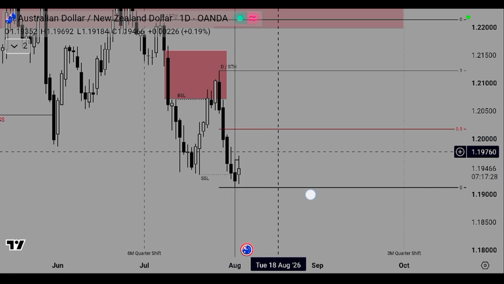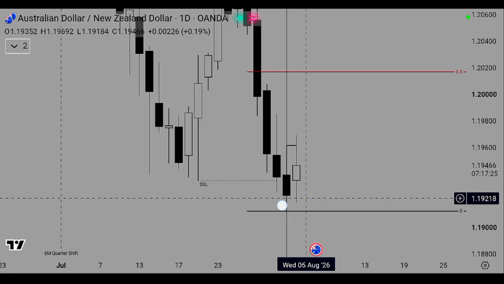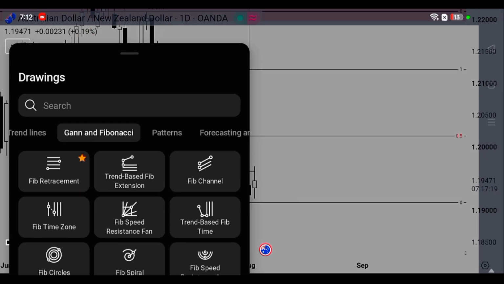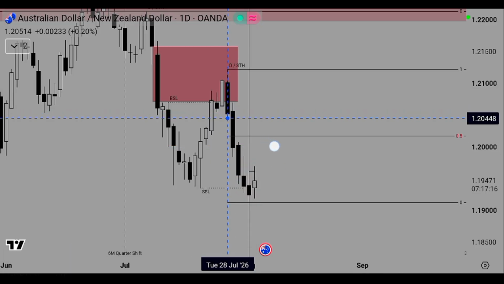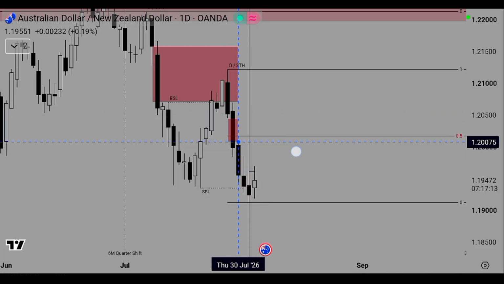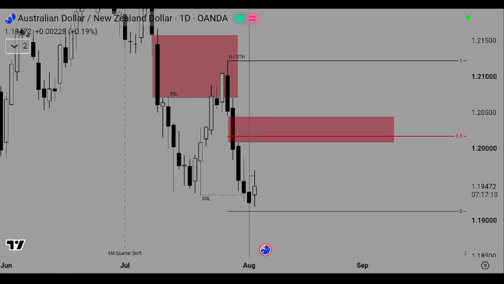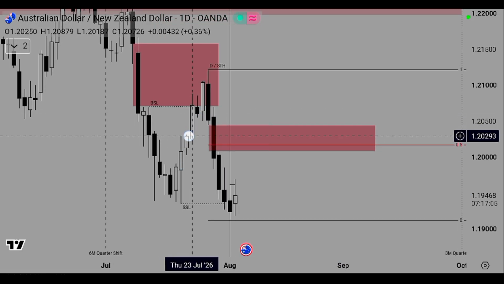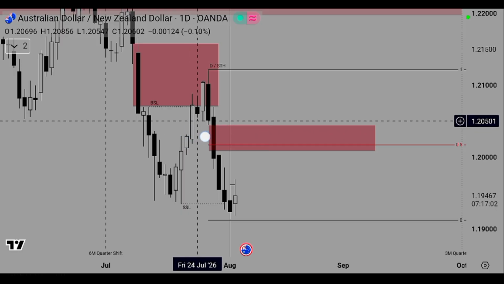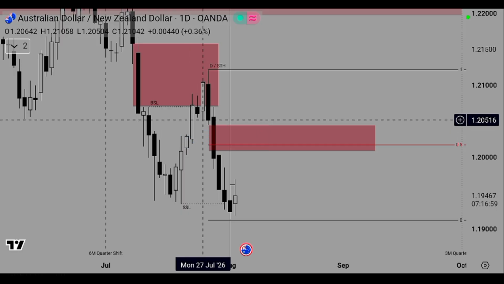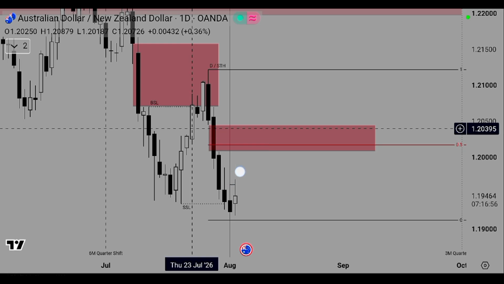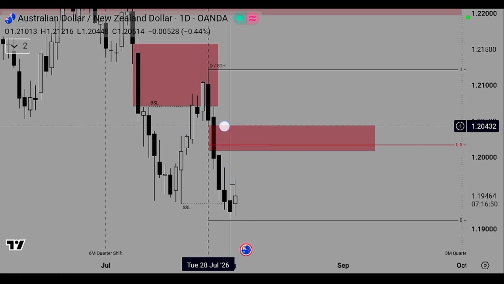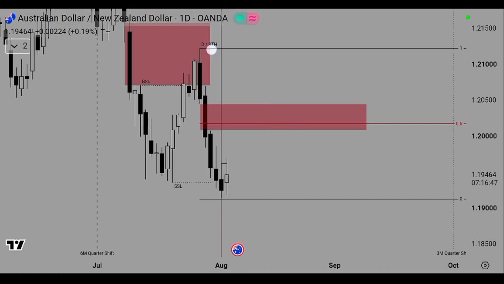Price grabs the sell side liquidity of the last month low, and now this is going to make a 3 candle swing, and I want price to go into the premium range and raid this fair value gap and this inversion fair value gap in this area. I don't want to draw it because I know, and you have to know, that there is also an inversion fair value gap. This is a fair value gap, sell side imbalance, buy side inefficiency, and this is our dealing range.